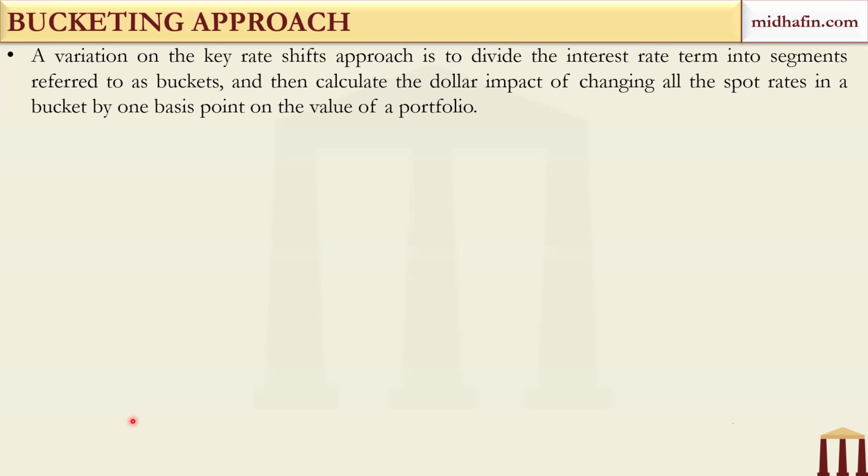So here what you do is identify that certain rates I'll keep in one bucket, bucket 1, bucket 2, and bucket 3. So let's say you decide that all the rates up to maturity of 2 years will be considered in bucket 1. All the rates with maturity between 2 to 10 years will be considered bucket 2, and all the spot rates for maturities beyond 10 years will be considered bucket 3.